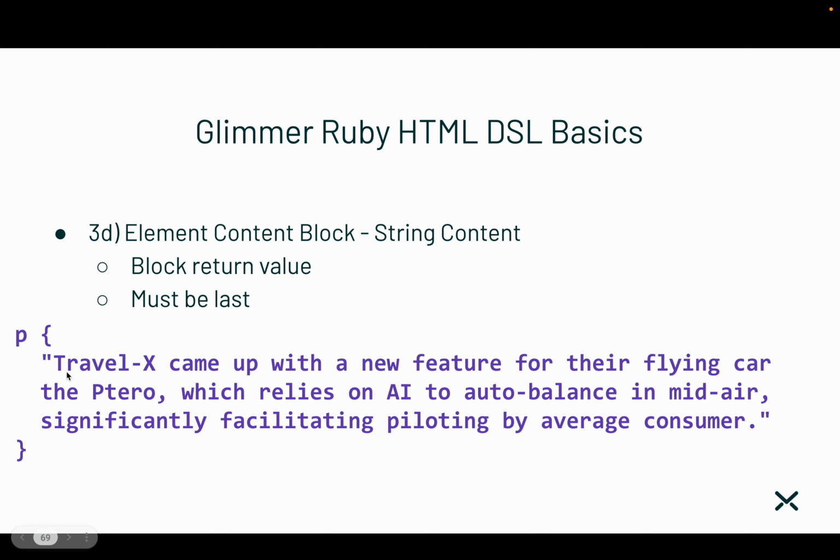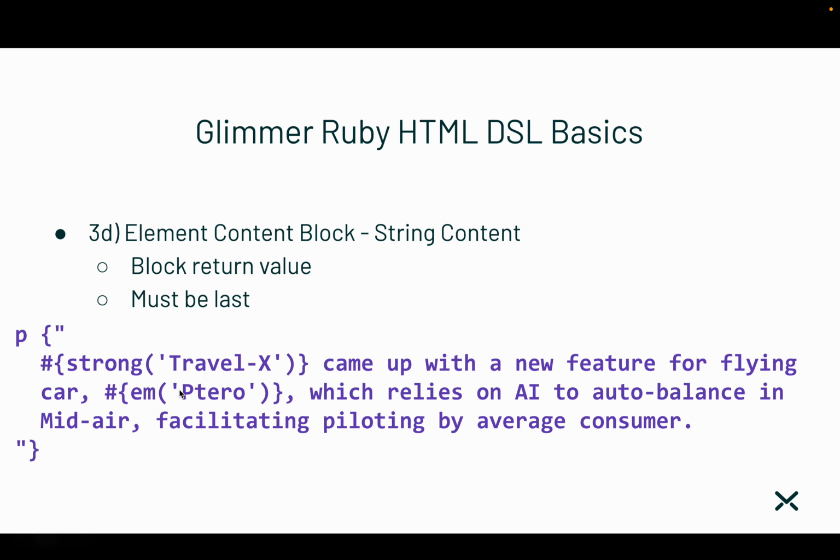This is the same as passing it as the first argument for p as well. So you can do it either way. And you can also call other tags like strong or em inside the string that you're setting inside p. So that enables you to basically nest tags within the text of a tag.